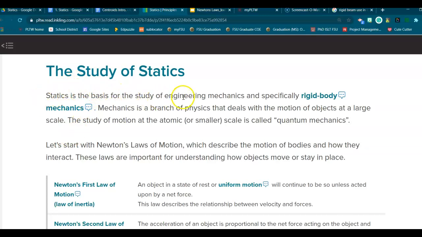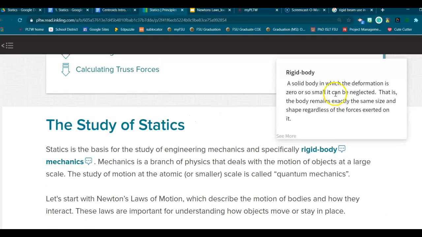It's the basis for studying engineering mechanics, specifically rigid bodies, which is a solid body. You can pause this and write this down, but it's a solid body in which the deformation is 0 or so small that it can be neglected. That is, the body remains exactly the same size and shape regardless of the forces exerted on it.